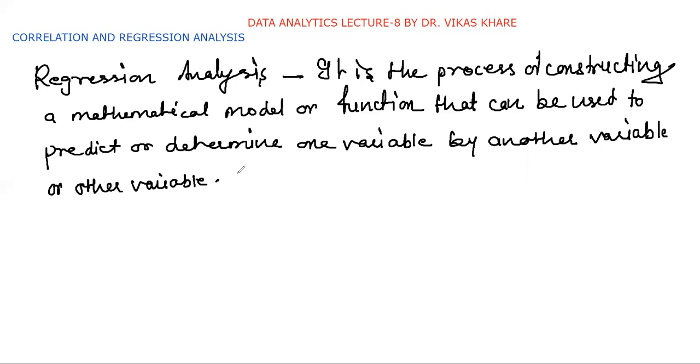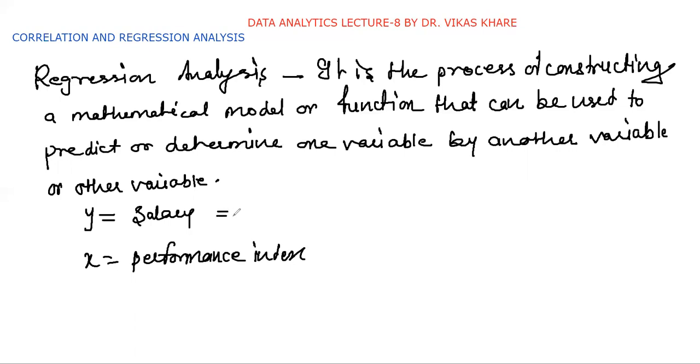So in the case of regression analysis, we always identify a number of variables. According to the last example, y is equal to salary of the given employee and x is equal to performance index.